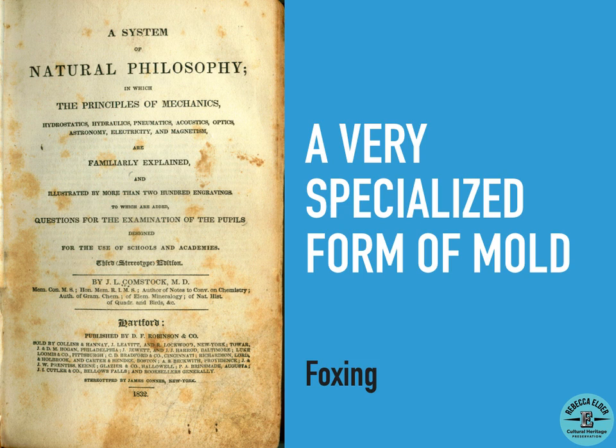I want to give a quick touch of attention to a very specialized form of mold, which is called foxing, just so that you know what it is. Foxing is a red-brown stain that occurs in paper, and the name, we believe, comes from the fact that it's the sort of reddish-brown color of a fox.